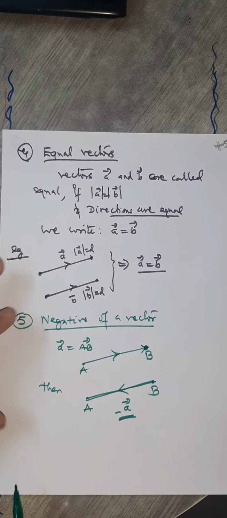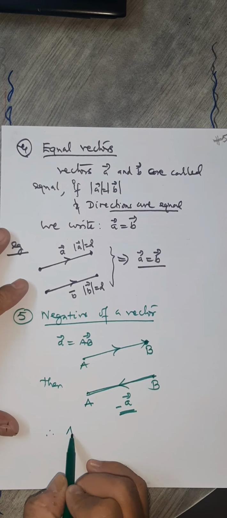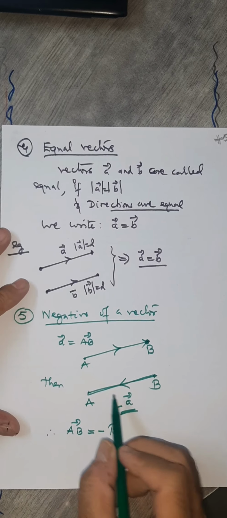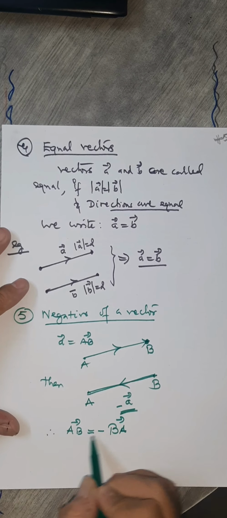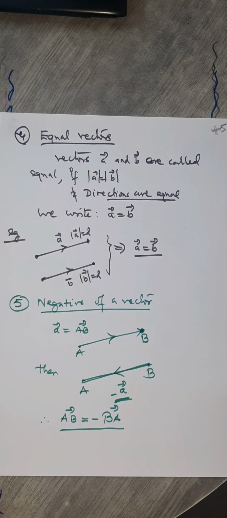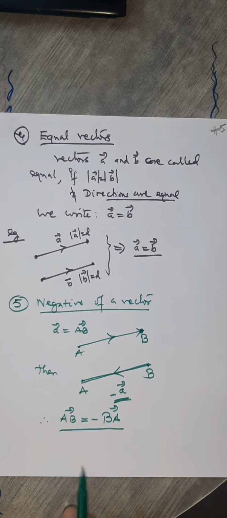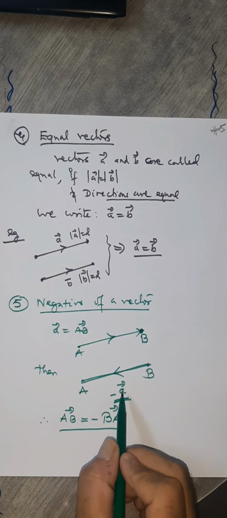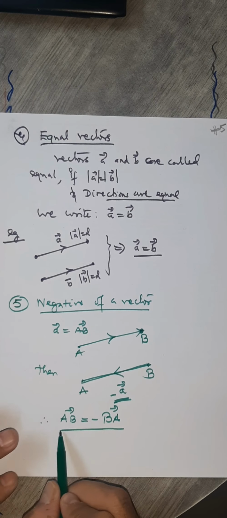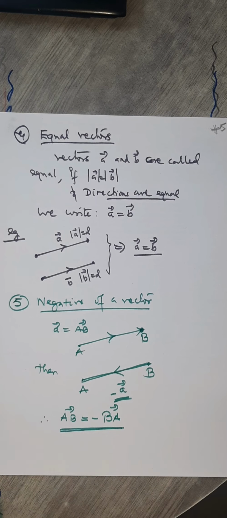Therefore, you can write vector AB equals to minus, this is nothing but which vector? BA. These two are same, remember. So that's nothing but negative of a given vector. This is vector AB. Now this is minus vector, that's from B to A, remember. So AB equals minus BA in this case.